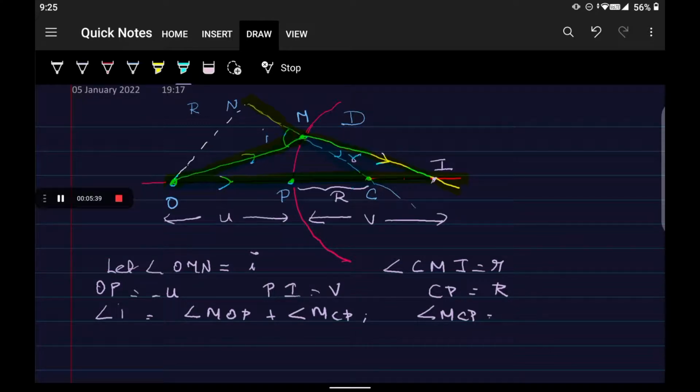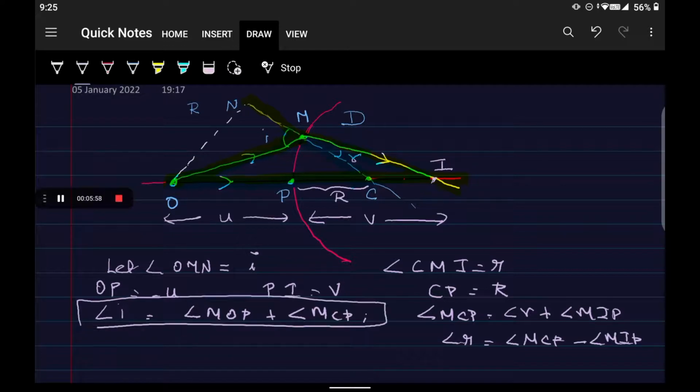So I can take it as angle R plus angle MIP, according to the exterior angle property. From that I can find angle R, which is nothing but angle MCP minus angle MIP. Now we have got angle I and angle R.